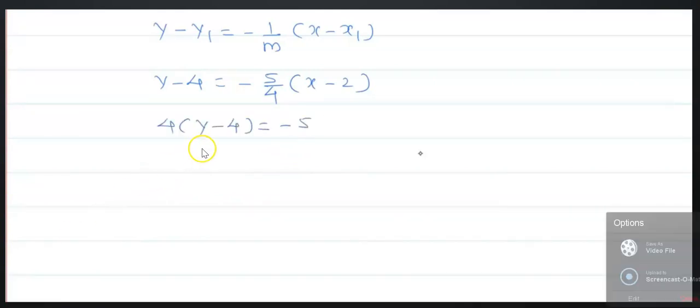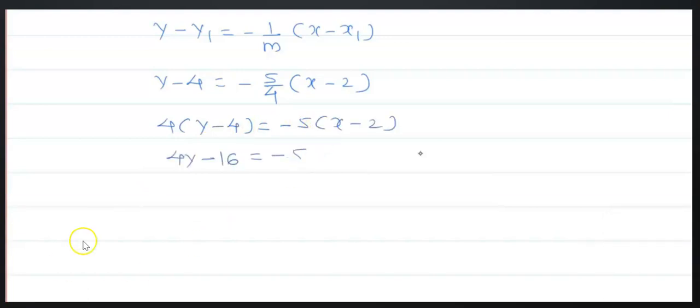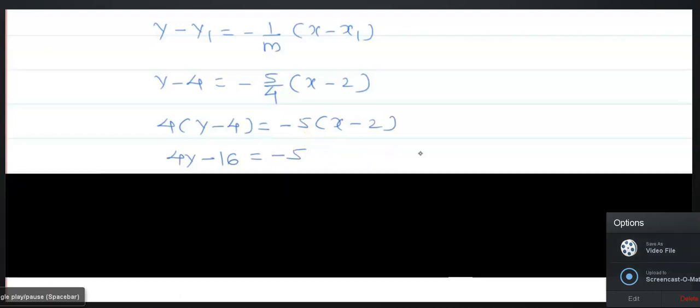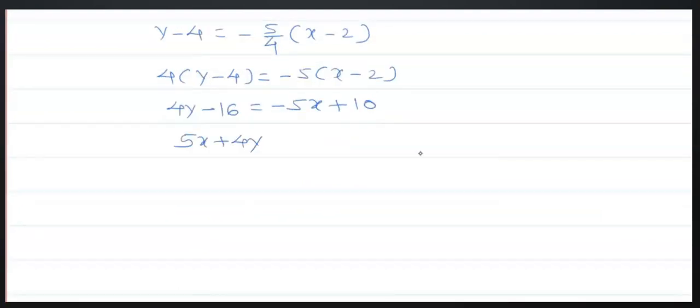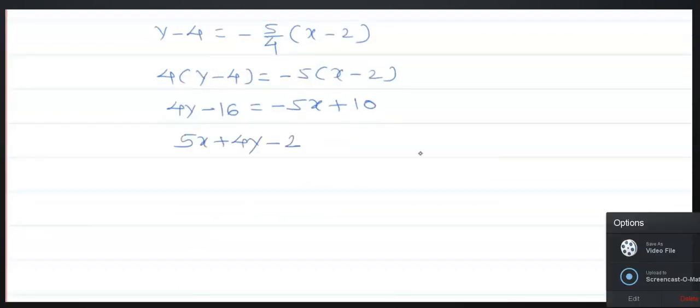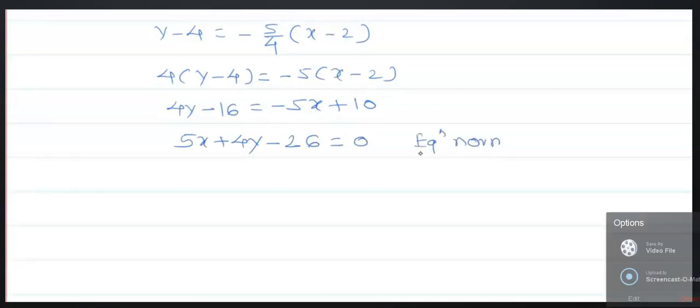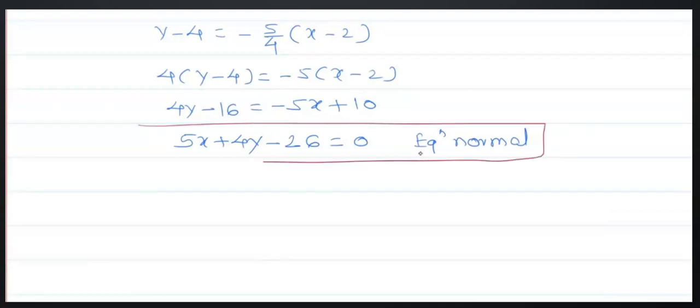That is 4 in bracket y minus 4 is equals to minus 5 in bracket x minus 2. Now simplify this. That is 4y minus 16 is equals to minus 5x plus 10. Therefore, 5x plus 4y minus 26 is equals to 0. This is the equation of normal.